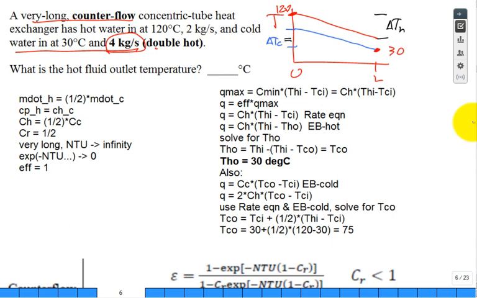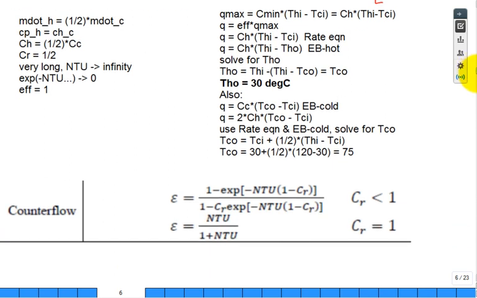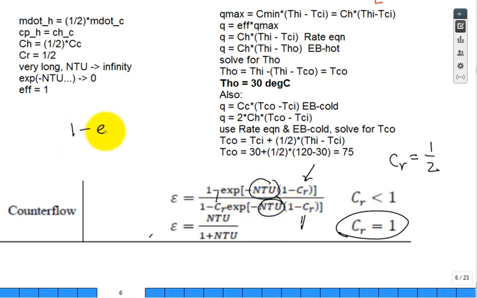Let me scoot down just a little bit here. So we had counterflow. We don't have this. This is not true anymore, is it? We have the ratio of minimum to maximum. Because you doubled the flow rate, this becomes a half. And when it's a half, I have to use this equation. I have to put a half there, half there, half there. This is still very large. So I have 1 minus the exponential of something very large, that goes to 0.